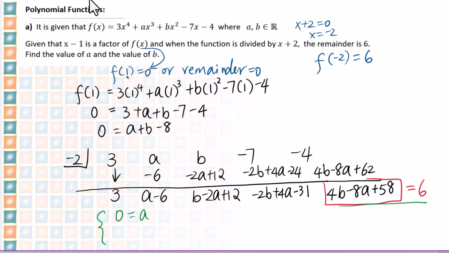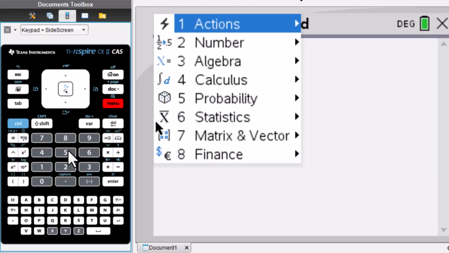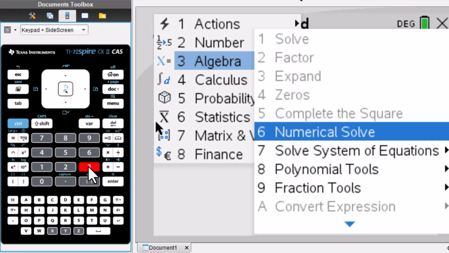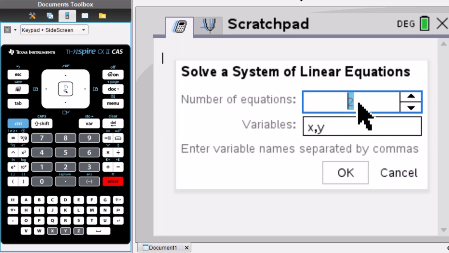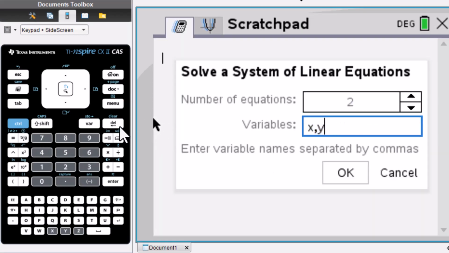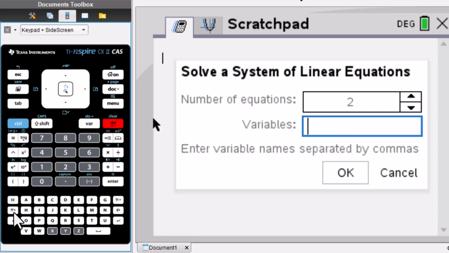0 equals a plus b minus 8. 4b minus 8a plus 58 equals 6. Go to calculator. Menu, Algebra, 7, Enter. 2 equations. Delete xy. Change into a, comma, b.